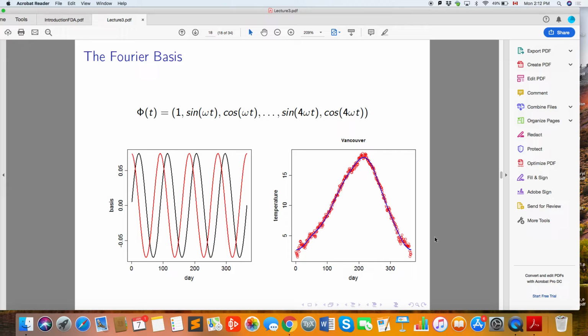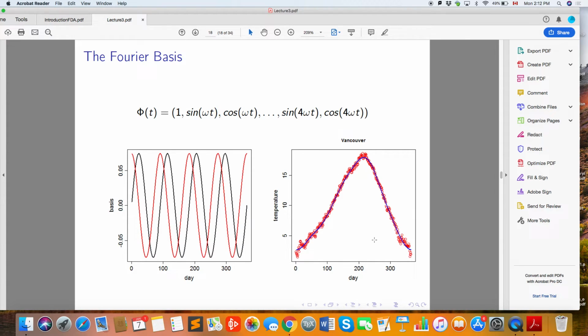Also, you can see here, not only can it capture the peak of this temperature curve, it also doesn't have the weird increasing shape at the boundary as when using the polynomial function, right? The reason is that when we're using the sin and cosine functions, we actually assume that this function is periodic.